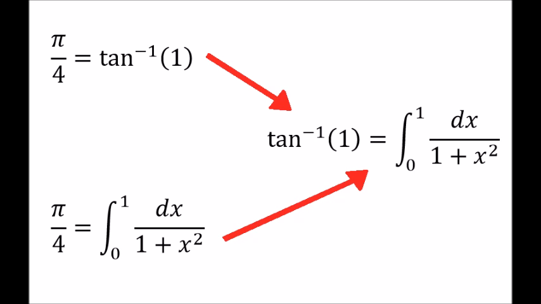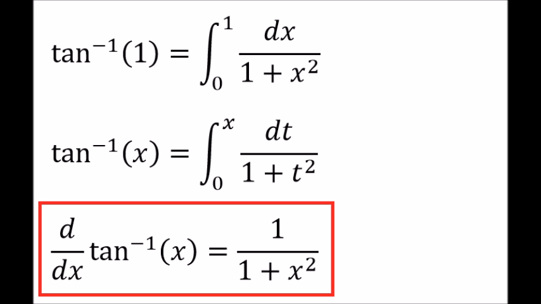Combining those together, we conclude that inverse tangent of 1 is equal to the integral of 1 over 1 plus x squared from 0 to 1. This is an important connection. More generally, inverse tangent of a variable x is equal to the definite integral seen in the second line.